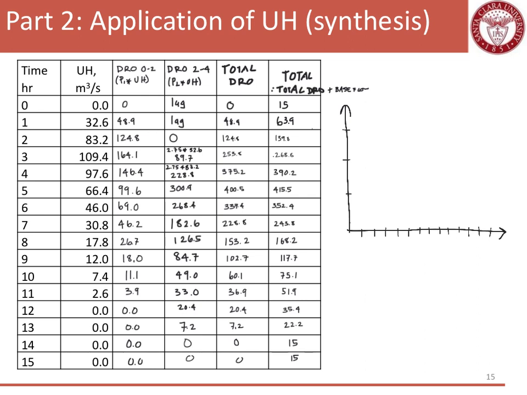After 1 hour, we're at 63.9, and we increase, and our max happens at 5 hours and is about 400. Okay, so it's going to look something like this, pop up, and then it takes a little bit longer to decrease all the way back down to 15. So our hydrograph is going to look something like this, where we have flow and we have time.